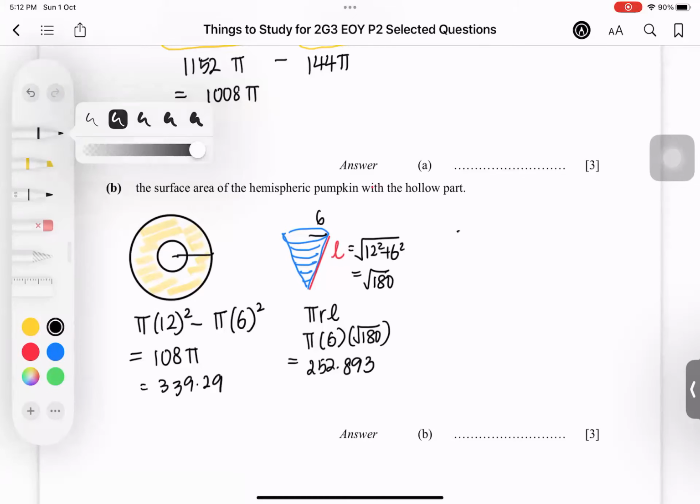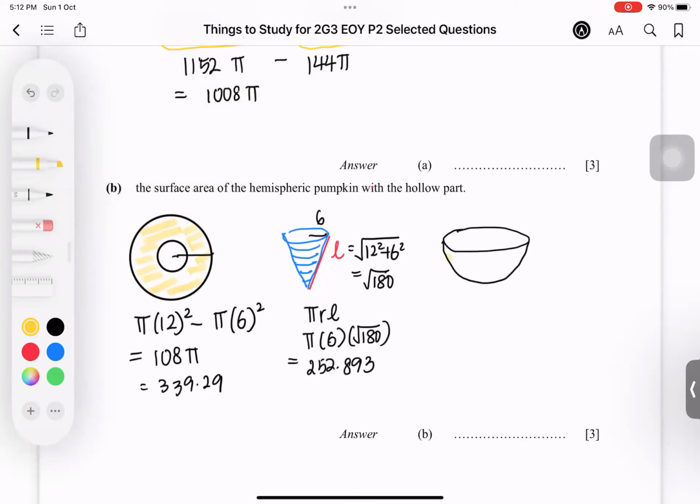Okay, so now I've got the top, the hole in the middle, and I need the outermost area. I need the curved surface area on this side. This is a hemisphere, so remember a half, and the curved surface area is given by the formula 4 pi r squared. This formula is given in the formula sheet, so go and check the formula sheet.